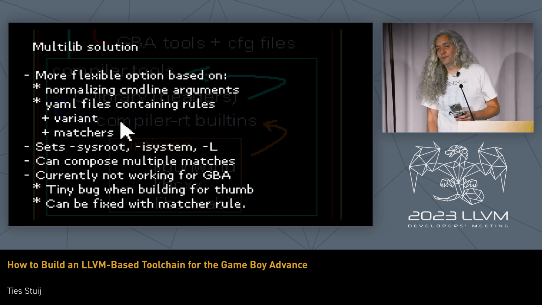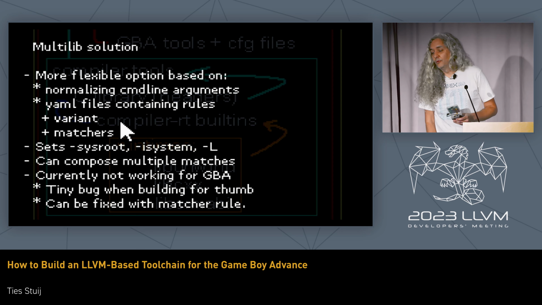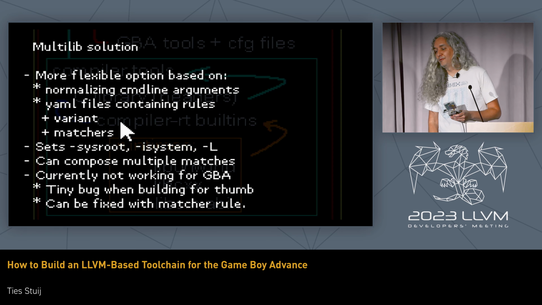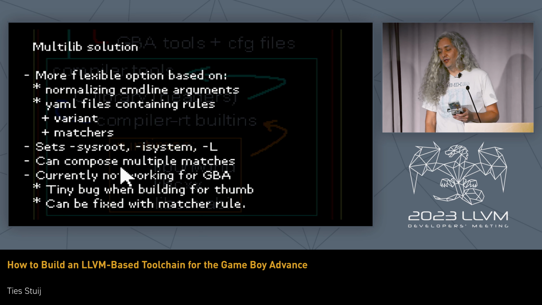So what we're doing is we're defining the library variants, and then we're defining matchers. The library that you're trying to work for is connected between your matcher and your variant. And that works out pretty fine, I think. We're also adding features like composing, so if you're matching multiple variants, you can, for example, put both of them on your linker path.